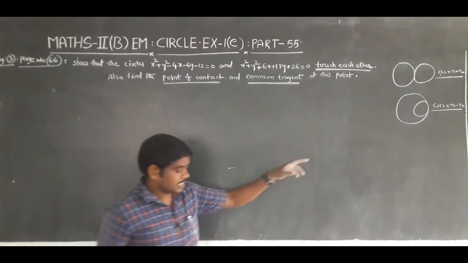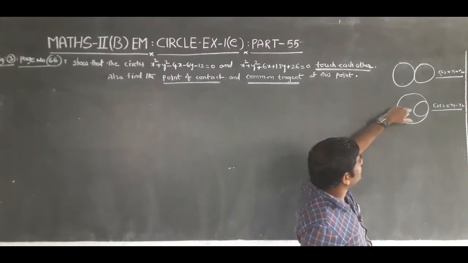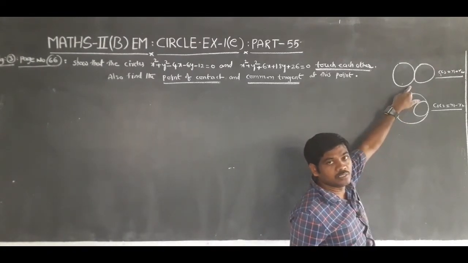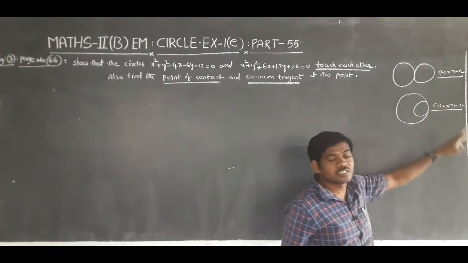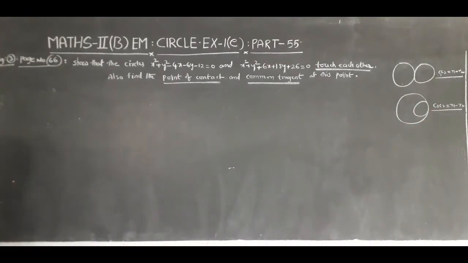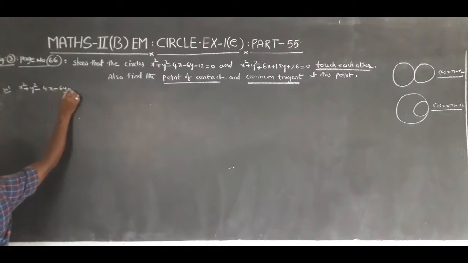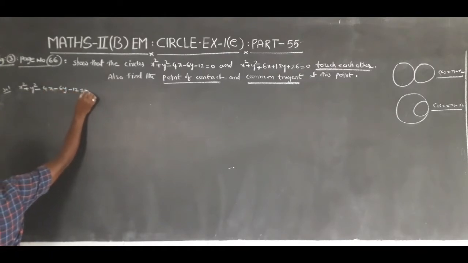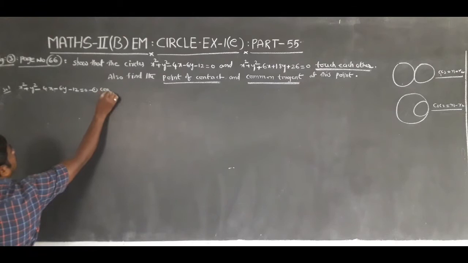In any case, if two circles touch each other internally or externally, first of all we find the centers and radius of the given two circles. First circle: x square plus y square minus 4x minus 6y minus 12 is equal to 0.